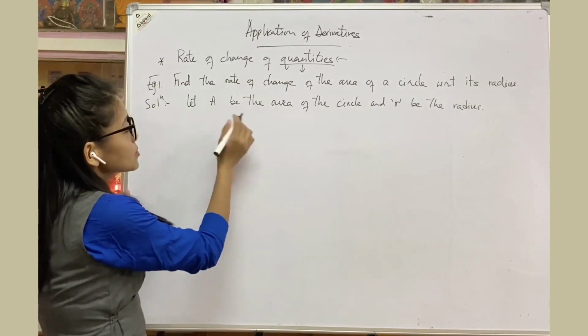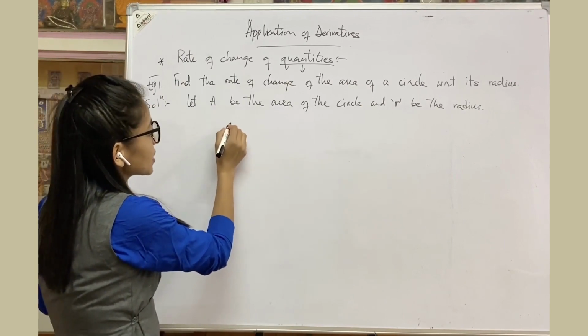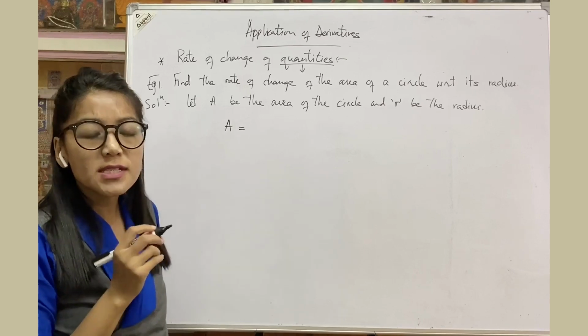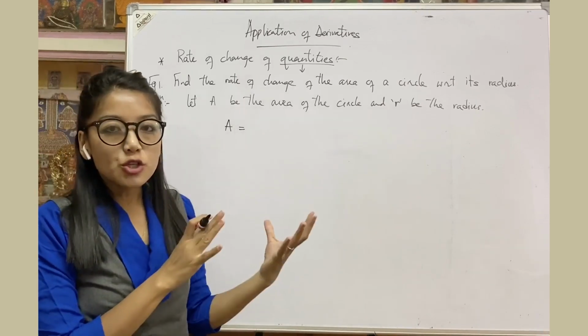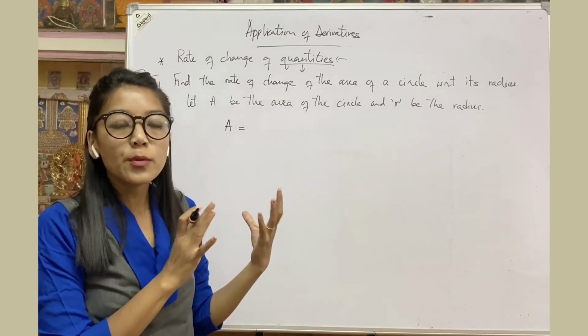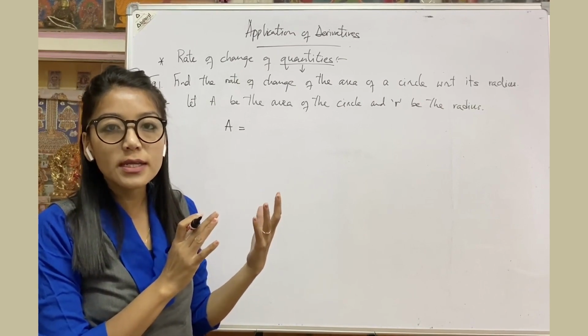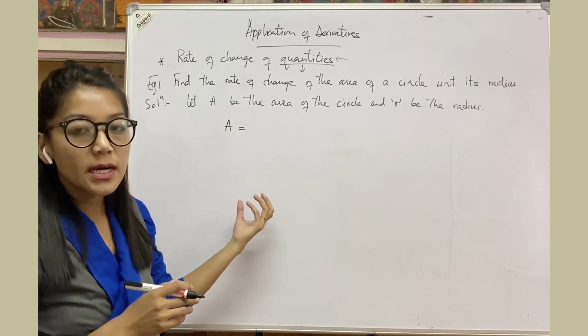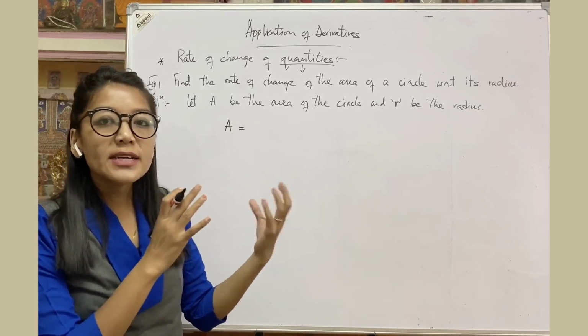Now we express this: area is equal to, what is the formula to find the area of the circle? In this topic you should know all the formulas of mensuration which you learned in class 10. We are going to apply all those formulas here, plus you need to apply derivatives on that.